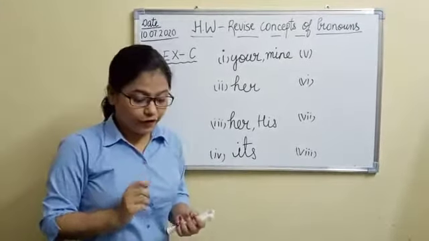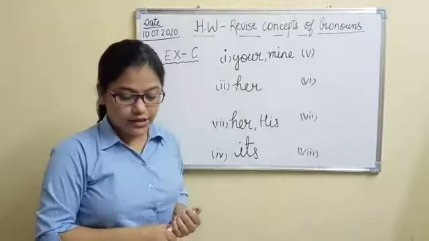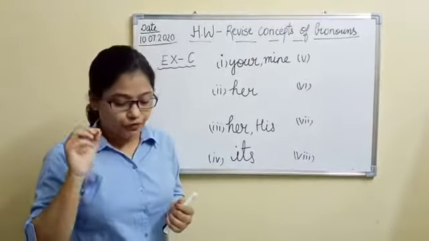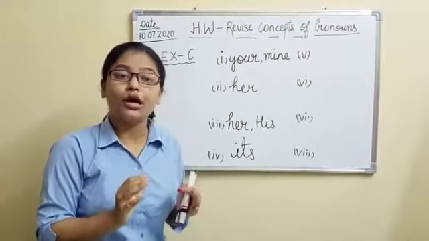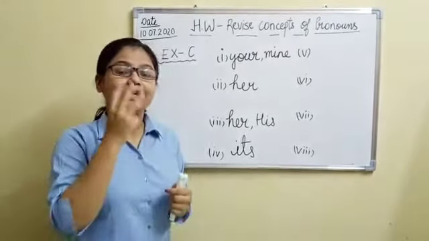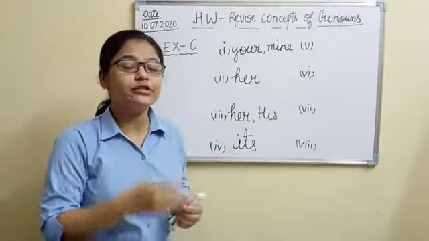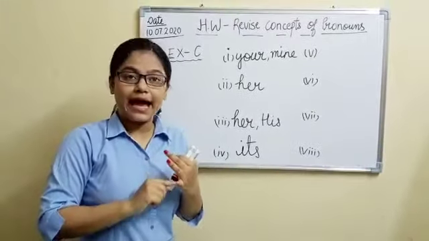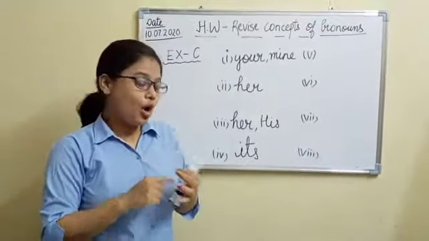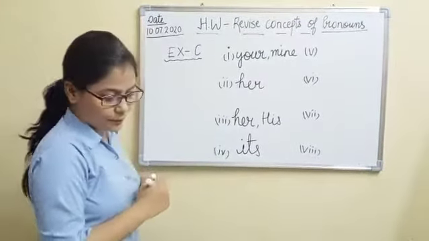Come to the fifth part. Dash neighbors borrow dash vacuum cleaner when dash is not working. How many dashes are there? 3 dashes. And how many options? 4: there, ours, theirs, and are. Now, how are we going to fill? See here.